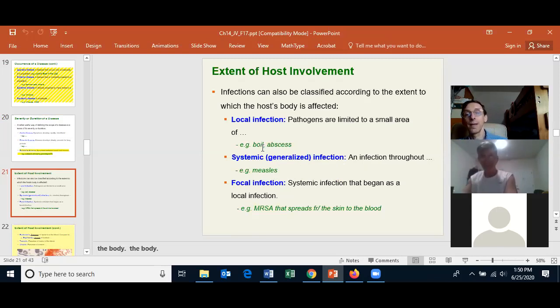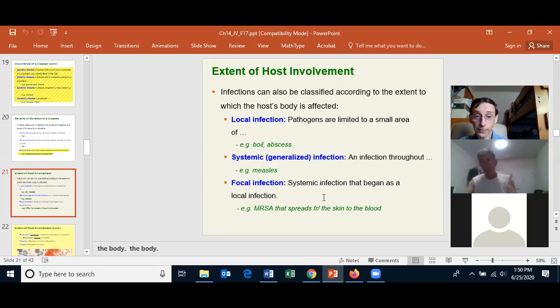If Staphylococcus aureus grows out of the boil, gets into the blood, the Staphylococcus aureus infection can become systemic, in which case you could have Staphylococcus aureus growing in the blood and throughout the body, because the blood will carry it throughout the body.